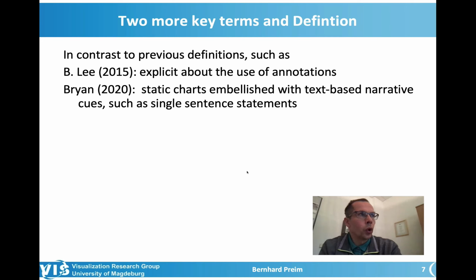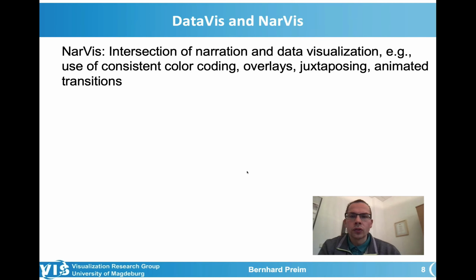Some of the earlier videos, for example from the chart accent system, really emphasize annotations. And Brian used in his definition static charts embellished with text-based narrative cues, such as single sentence statements. So that's different, and these are also valid definitions, of course.